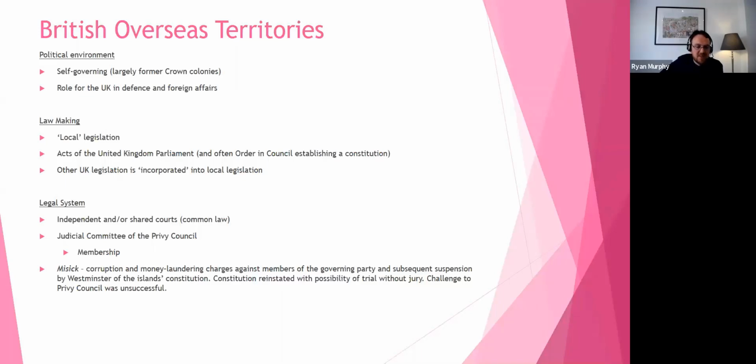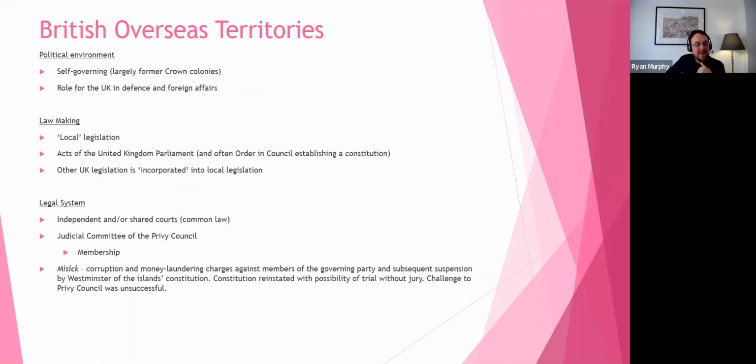What happens is Mizik is charged with corruption and money laundering. He's put on trial without a jury because of the difficulties in securing an independent jury, and he challenges the lawfulness of that decision. And it goes all the way up to the Privy Council.